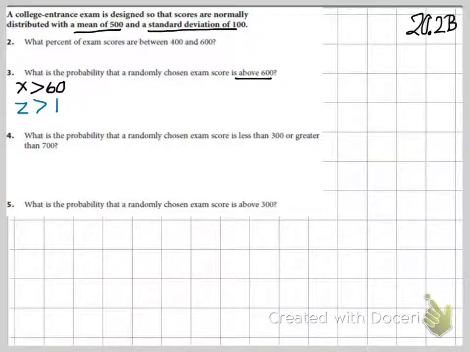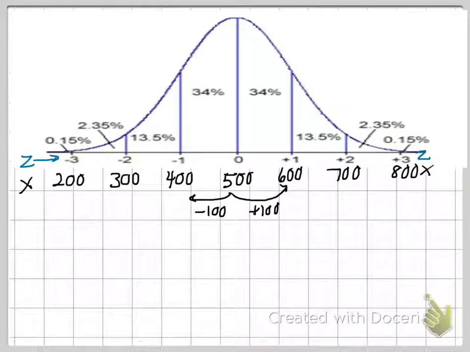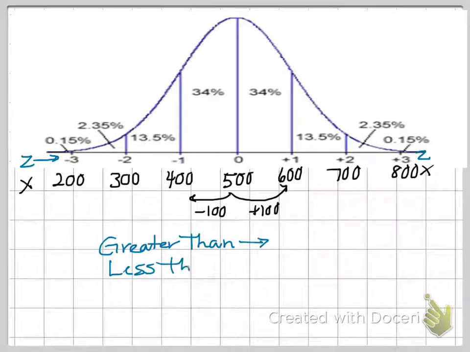I'm going to use the curve to figure out what percent of the curve is actually greater than positive 1. Greater than means go to the right from the positive 1 on the curve. Greater than tells me I'm going right. Less than tells me I'm going left. So I have 600, and I need to go to the right from the 600. And this is my 600 line.